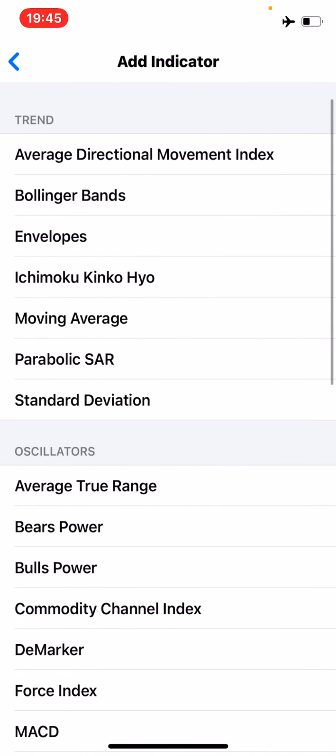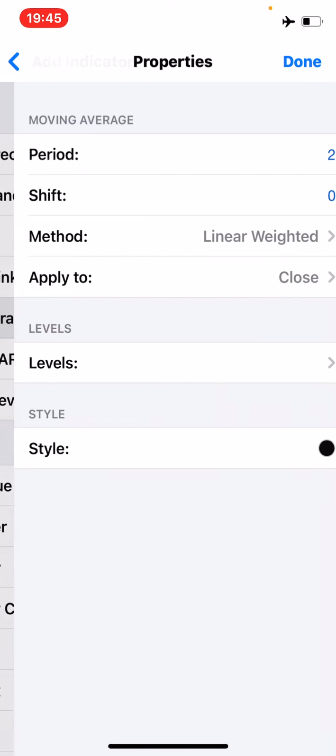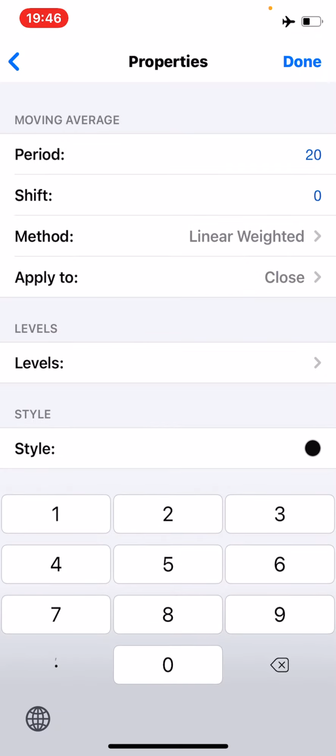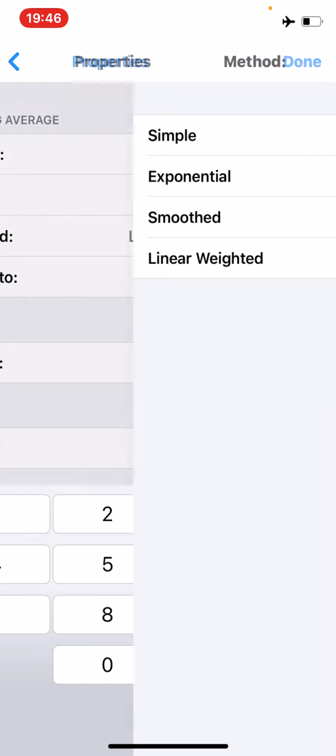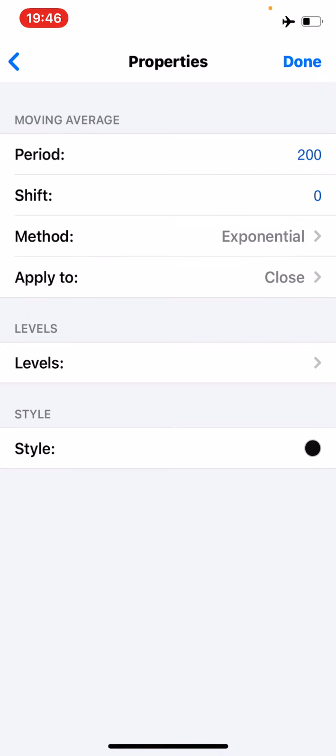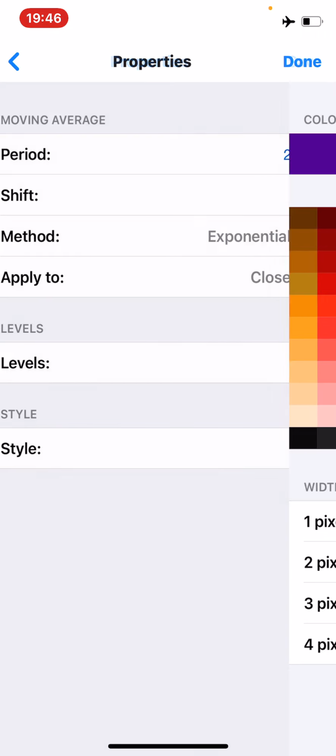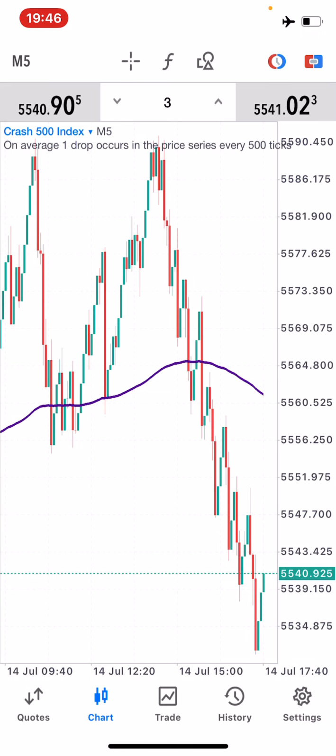So I'm going to go to my indicators, then look for the moving average, and here it is. The moving average is going to have the following properties. We're going to have a period of 200, a shift of 0, a method of exponential, apply to close, no levels, and then the styling, I'll choose the color purple, and then click on save, and then done.